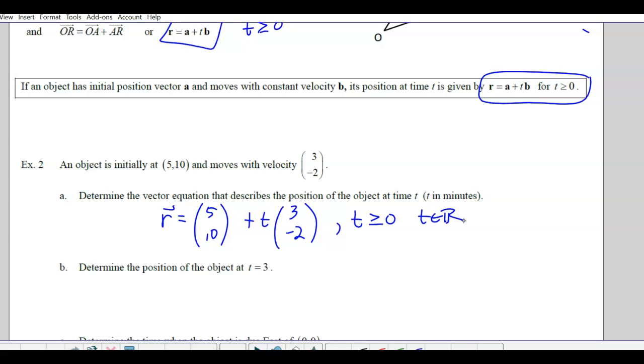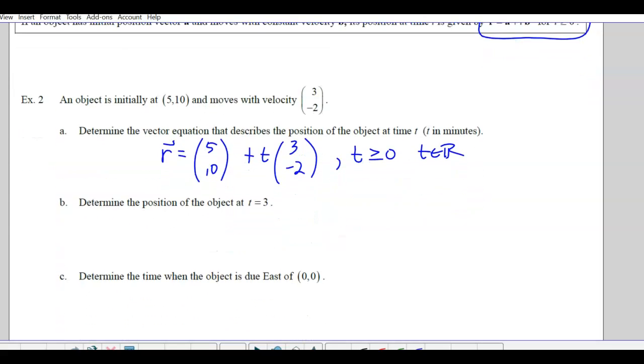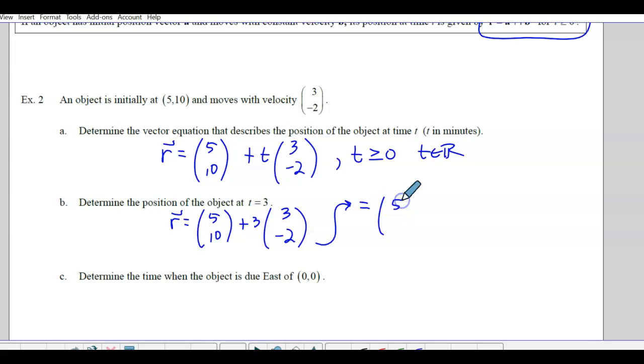So now substitute 3 in. That would be the position of the object at 3 minutes. Actually, you can do that in your head. 5 plus 9 is 14. 10 minus 6 is 4.